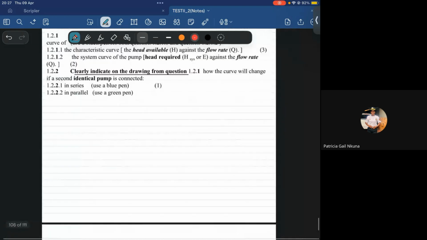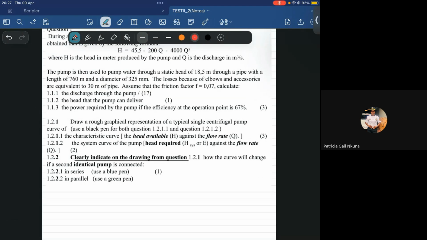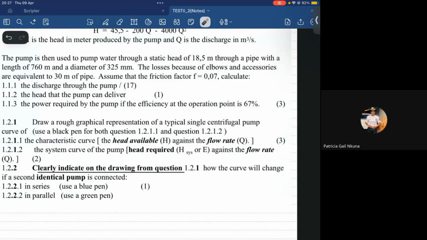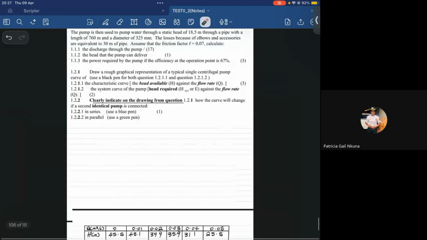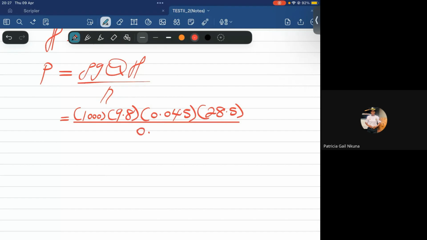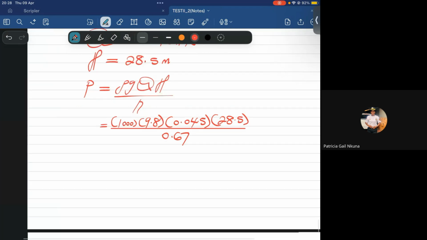When you are given the efficiency in percentage, you must always divide it by 100%. So we'll have 67% divided by 100%. The percentage cancels, and we'll be left with the fraction 67 per 100, and 67 divided by 100 is equal to 0.67.